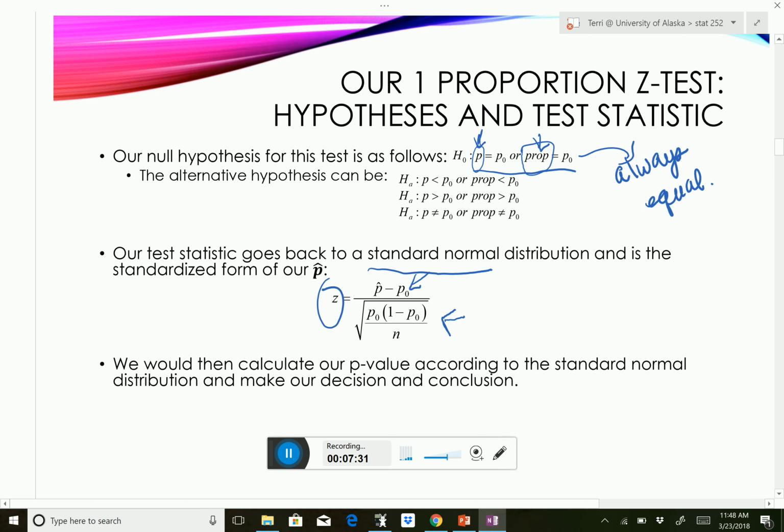We would then calculate your p-value according to standard normal, so you would use normal CDF to find your p-value using this number, and you would make your decision and your conclusion.